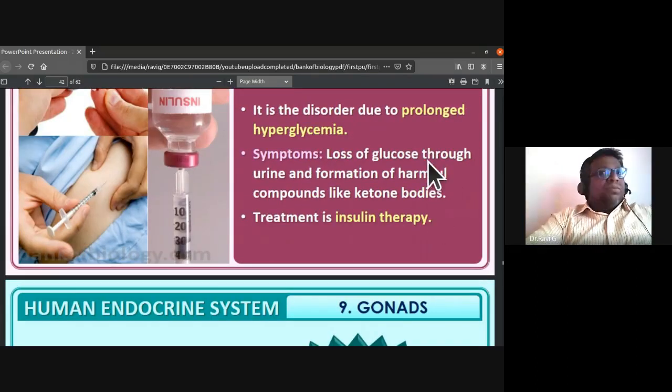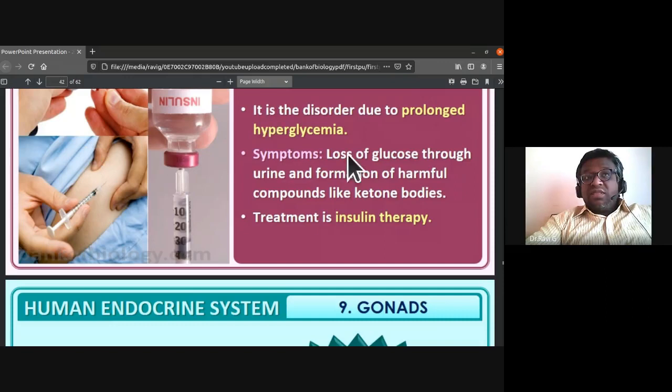So glycosuria, then you can also remember polyphagia, polydipsia, excessive thirst, and excessive frequent urination, polyuria. Polyphagia is excessive consumption of food.